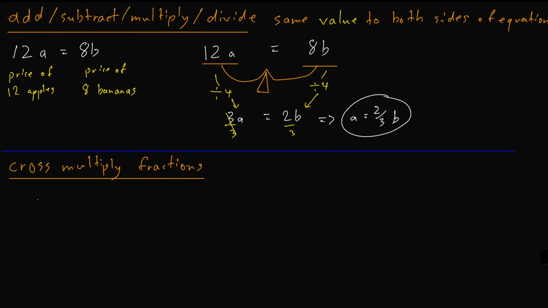Well, let me give you an example of some fractions here. Let's say we have a over 4 is equal to b over 3. Well, sometimes fractions can be annoying. We don't always like to have fractions. And so we want to find a new way to rewrite this equation that gets rid of the fractions.